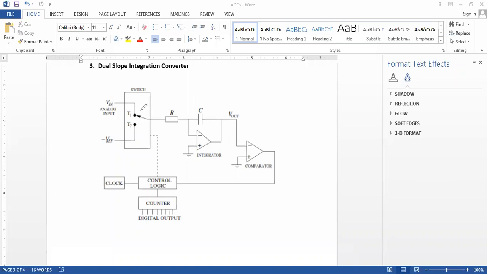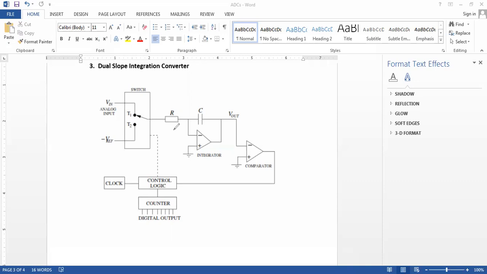So when it is at T1 position, you notice the capacitor will start charging and is going to acquire a charge that is dependent upon the analog input voltage V in. So the capacitor is charging when we have the switch at T1 position.